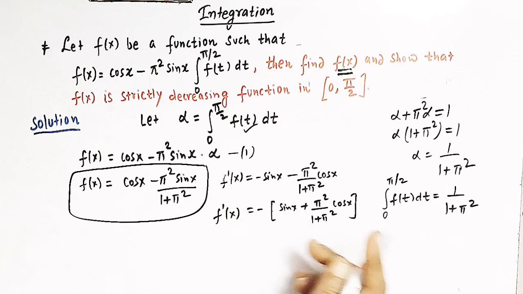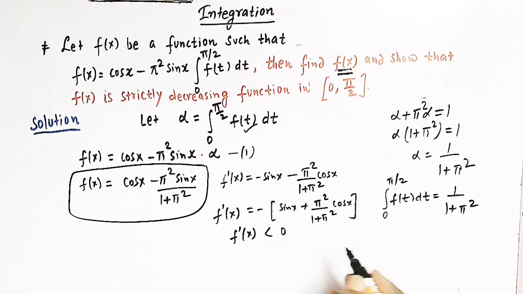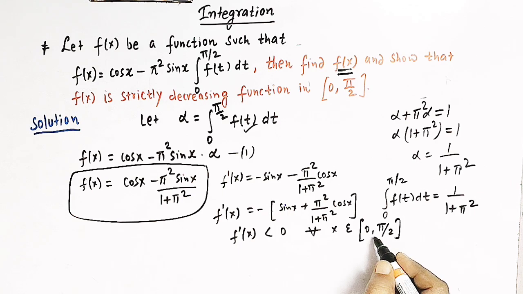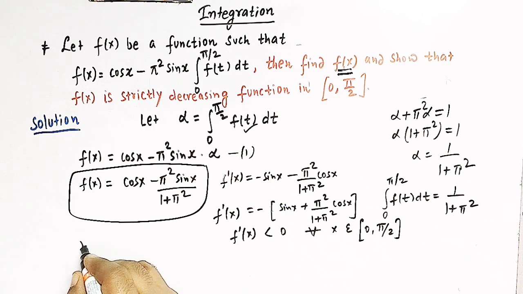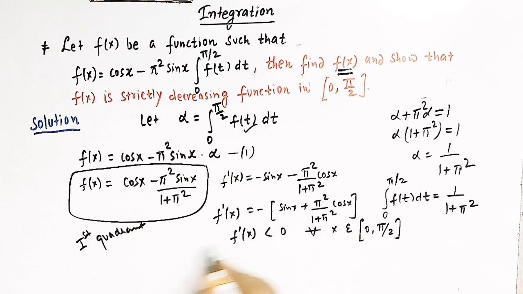So from this expression we can see that f prime of x is going to be less than 0 for all values of x belonging to this interval, that is 0 to pi by 2, because this interval gives us the first quadrant, and in the first quadrant sine x and cosine x are both positive.